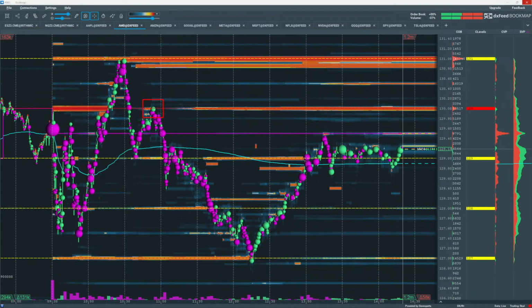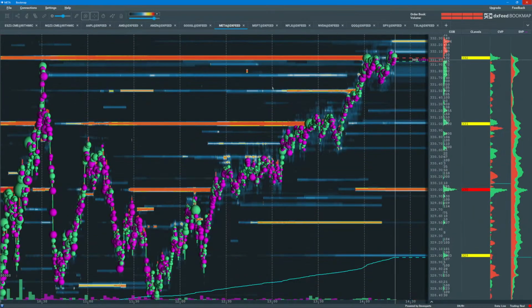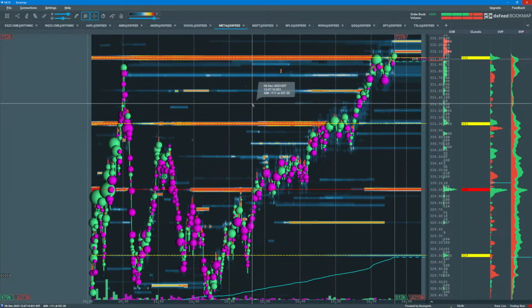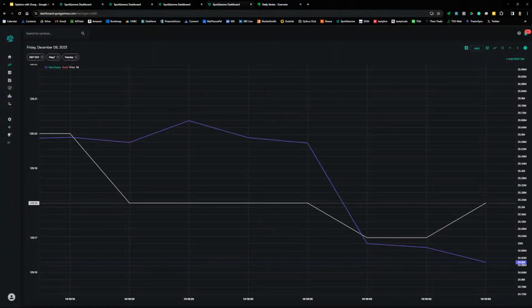All right, the next is Meta. Strong day in Meta today. And for Meta, 330 is the call wall key gamma strike. Let's take a look at Hero and see what options traders have been doing.